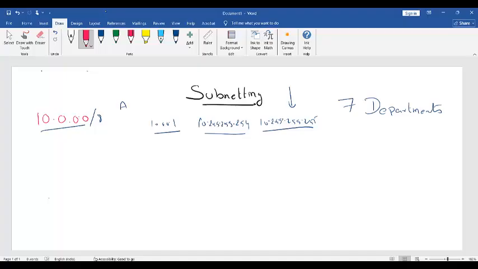See, when you don't do subnetting, all 7 departments will be in one single big group. The broadcast of an HR computer will impact everyone in the office, not only the HR group.